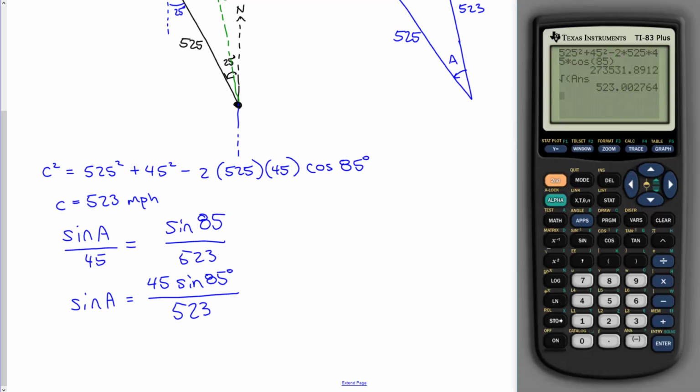Let's see what happens. 45 sine 85 degrees divided by 523, I get 0.0857. I do need to take the arc sine of that. So 4.9. Now I'll just take it to one decimal.